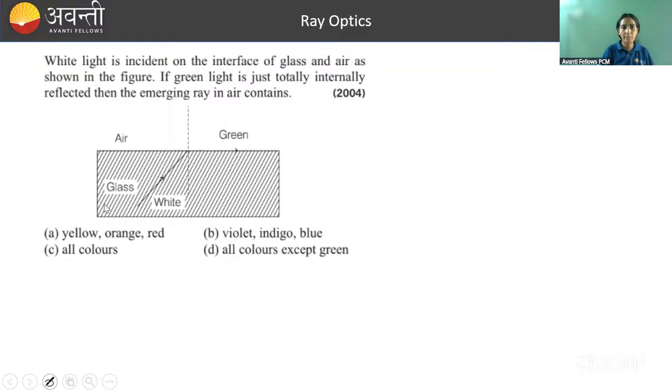What will be there in emergent range? First of all, for anything to be in emergent range, for that color of light, this I should be greater than IC, and so sine I should be greater than sine IC. And you already know sine IC is equal to how much? 1 by mu. Done it.